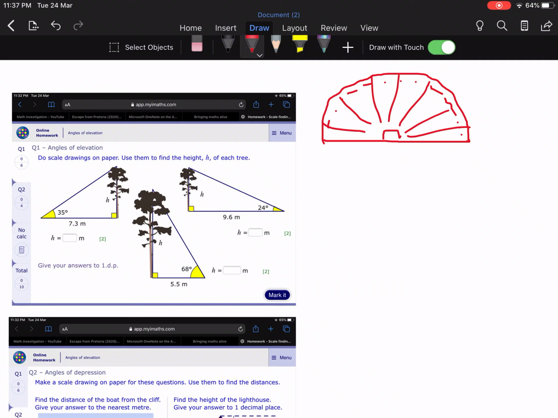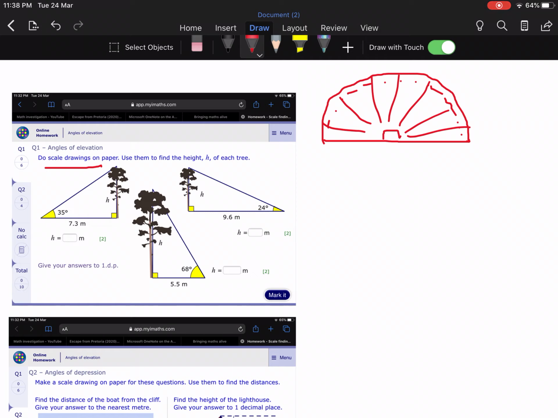So it says do scale drawings on paper, so you're going to have to put this evidence up on your class notebook in Teams to show that you've done scale drawings and then measured the height. So if I was doing this one, 7.3 meters. So what I would say is, well, I can't draw 7.3 meters.